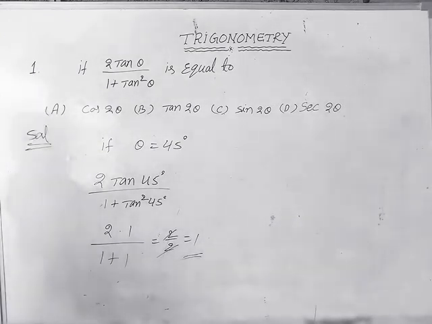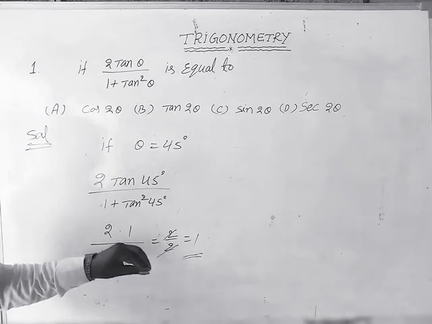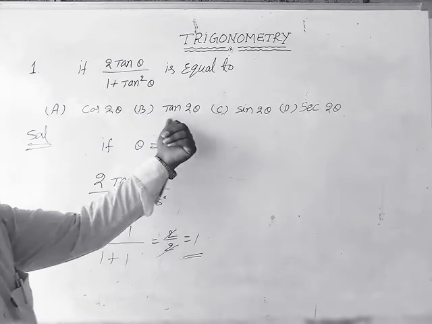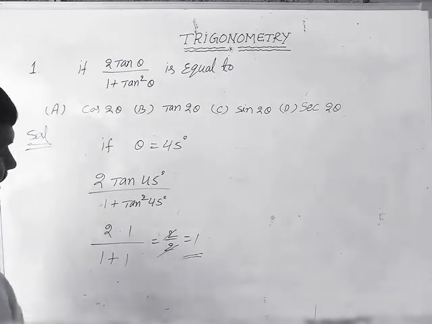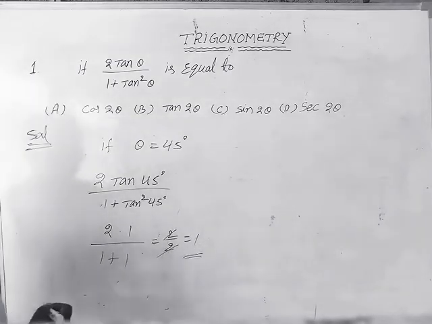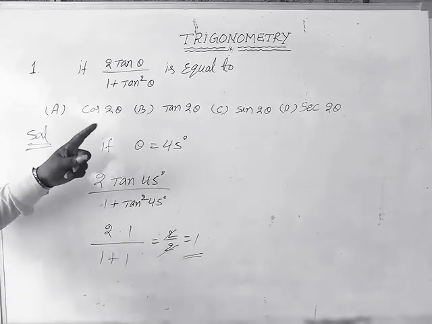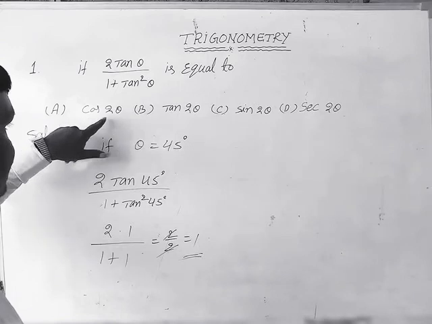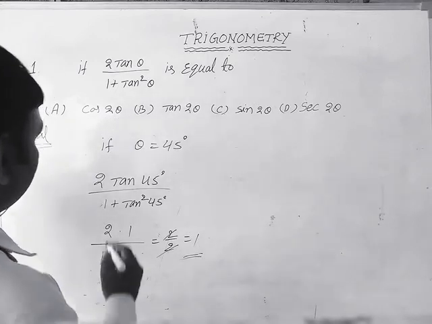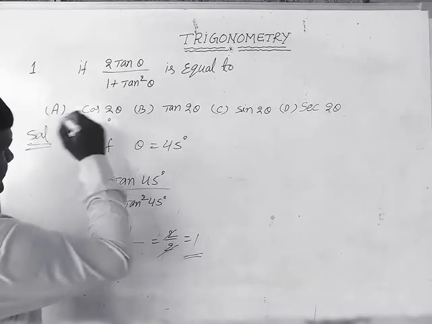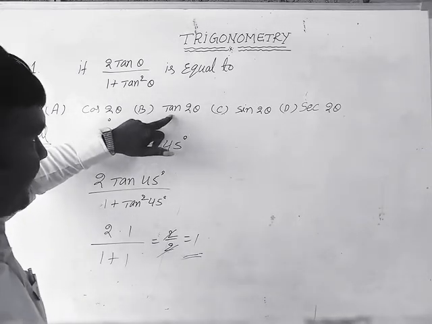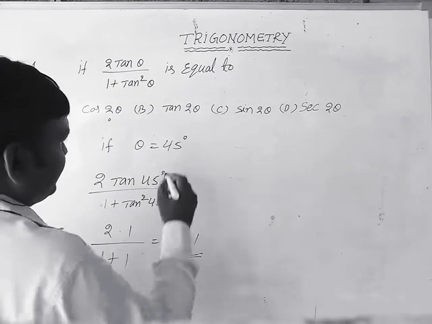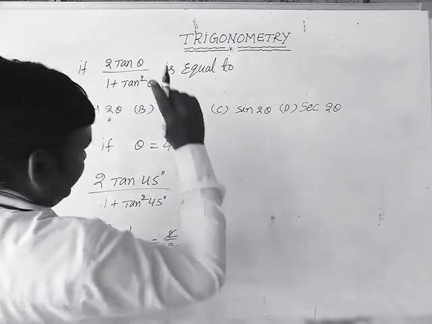So our answer is 1. We have to substitute the value of theta in these 4 options. Whichever gives the value 1 is the correct answer. So we apply here cos 2 into 45 degrees, that means cos 90 degrees, which is 0. Tan 2 into 45 degrees, tan 90 degrees, is infinity.